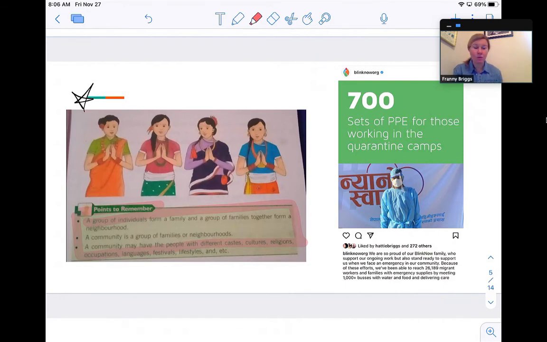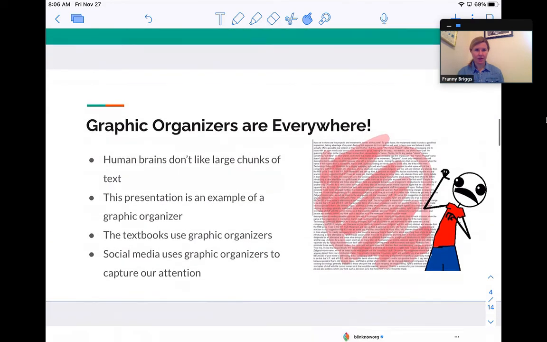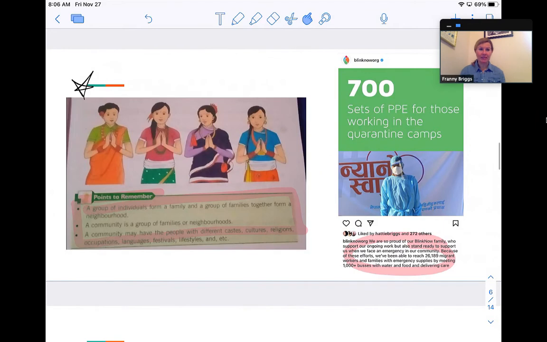So maybe if you're really interested, you can go read the caption. But really, the only thing you need to know is that 700 sets of PPE were given to the quarantine camps. That's the most important. So again, what we want our students to be able to do is to look at those big chunks of text and be able to make them pleasant and accessible like these images here. Okay.